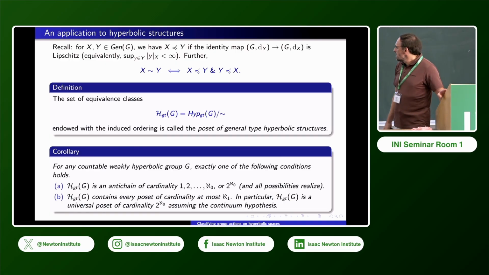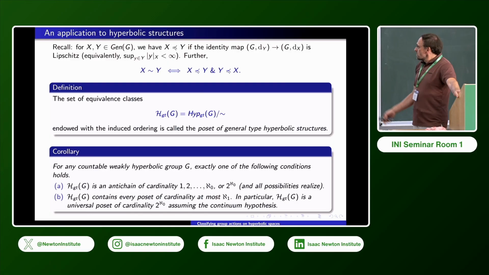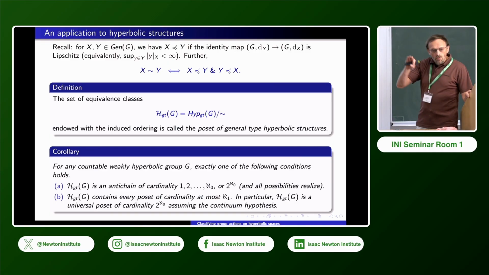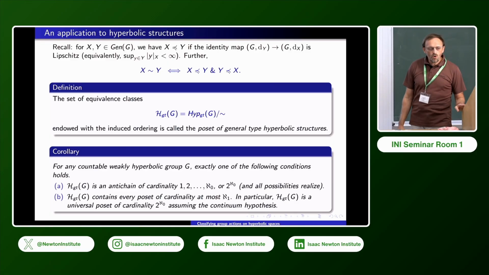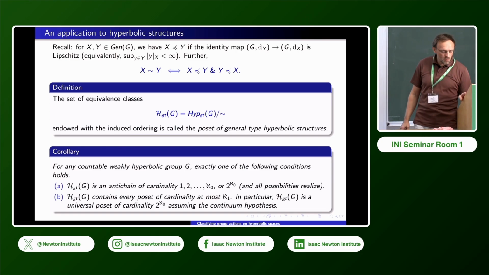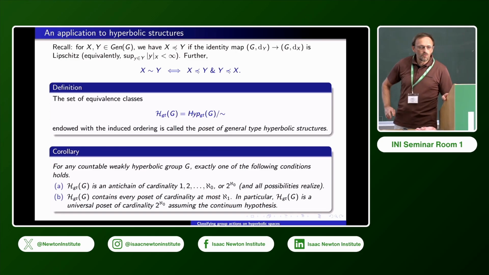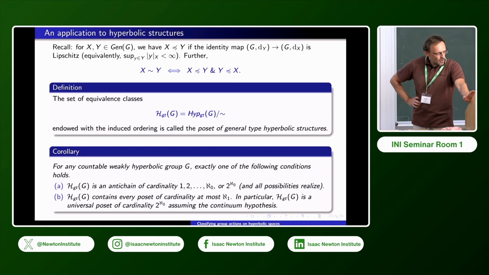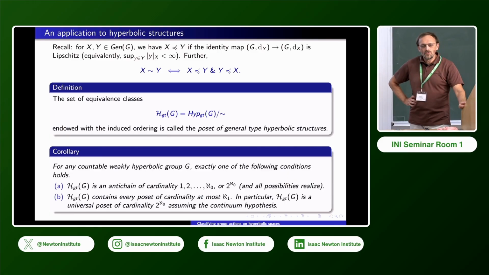So it's a very complicated poset. Indeed, this dichotomy at the level of the poset of hyperbolic structures holds not just for the examples in our paper, but in fact for any countable group. Okay, and that's it. I want to finish here.